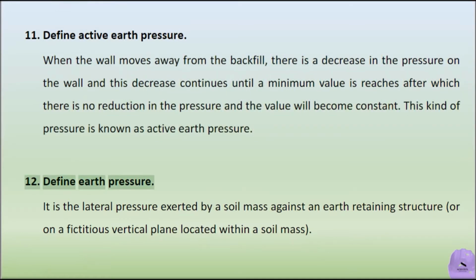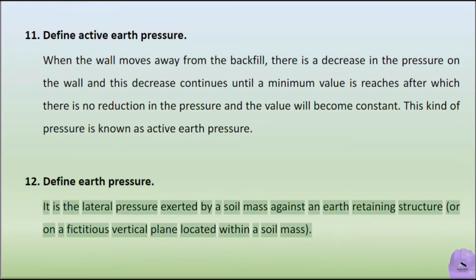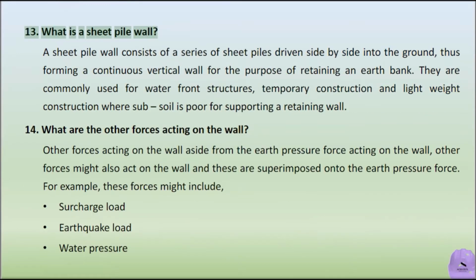Define earth pressure. It is the lateral pressure exerted by a soil mass against an earth retaining structure, or on a fictitious vertical plane located within a soil mass. What is a sheet pile wall?